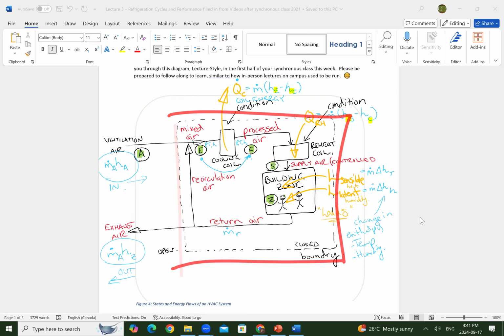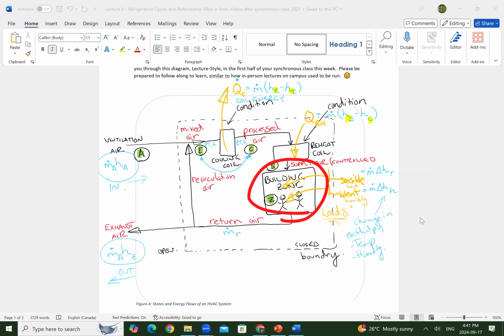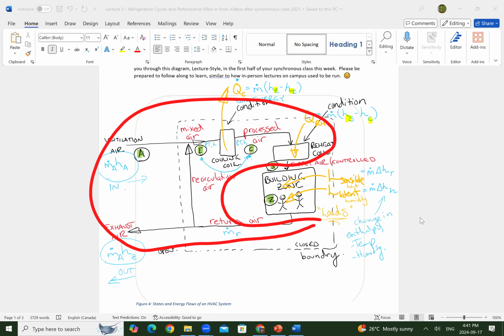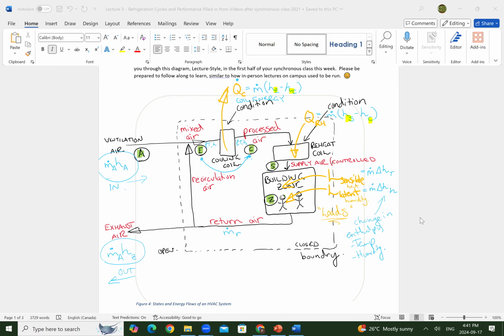Thermodynamic boundary, building zone where we want to make people comfortable in heating and cooling and humidity. And then you have the rest of the system that's kind of the ugly part that people are not walking in. Okay, that's what we have so far here.